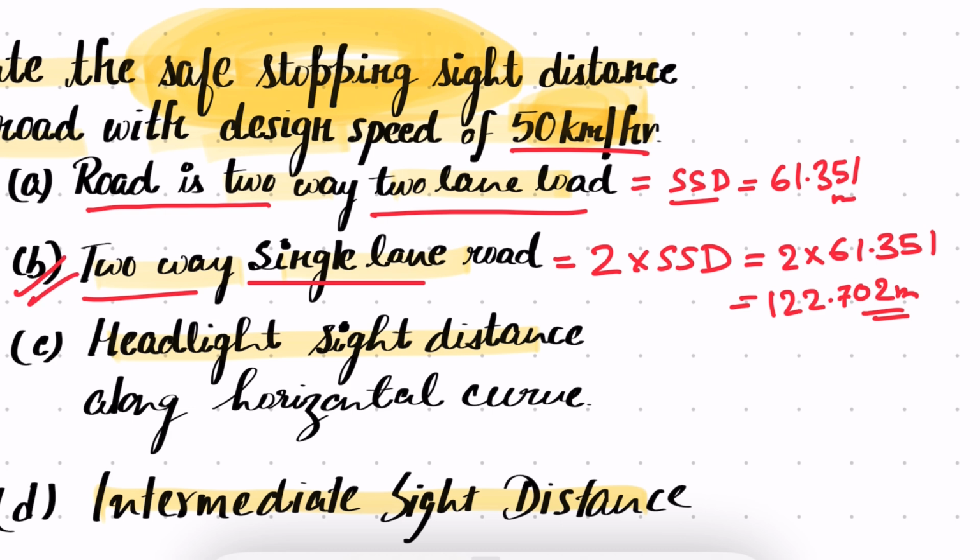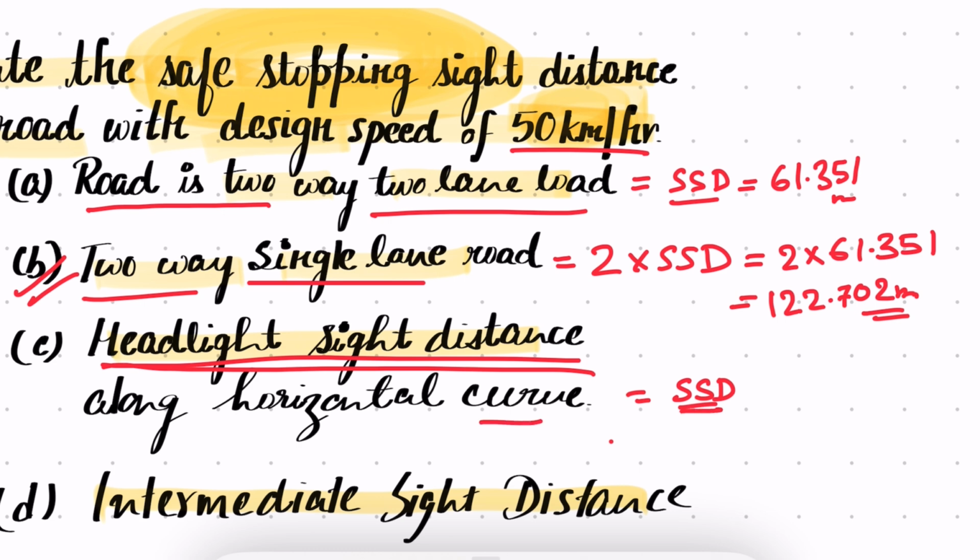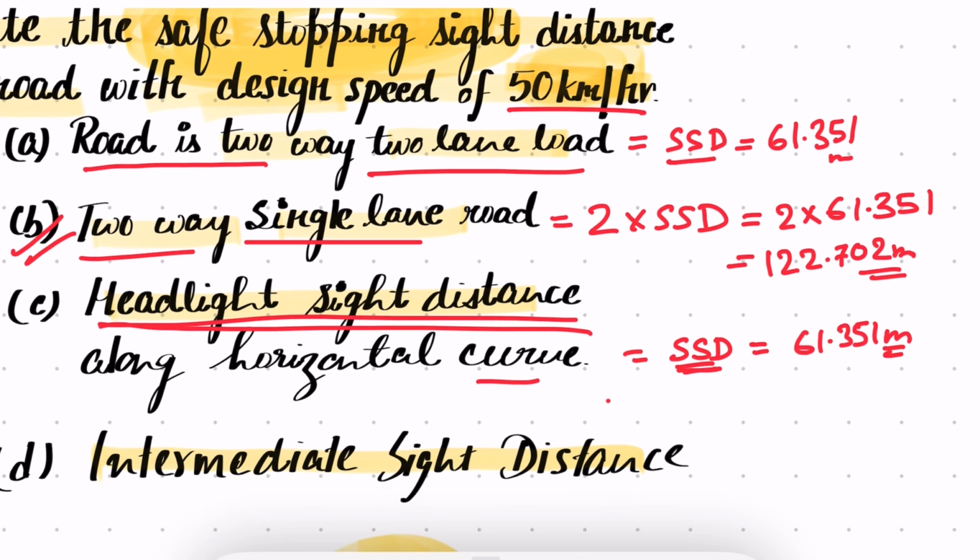We have to find out the headlight sight distance. We have seen that to find the headlight sight distance for the horizontal curve, it is equal to the stopping sight distance, which in this case is 61.351 meter. All right, then the intermediate sight distance is twice of SSD.